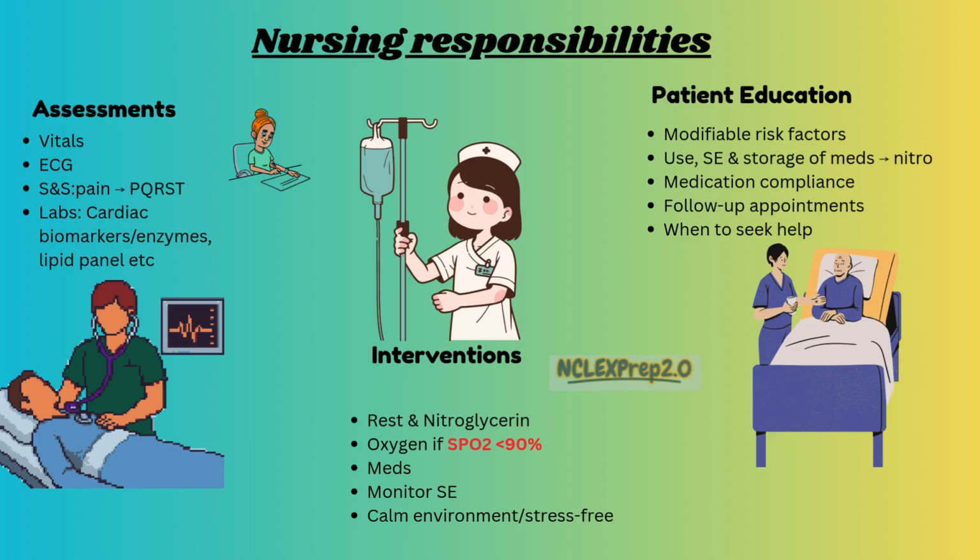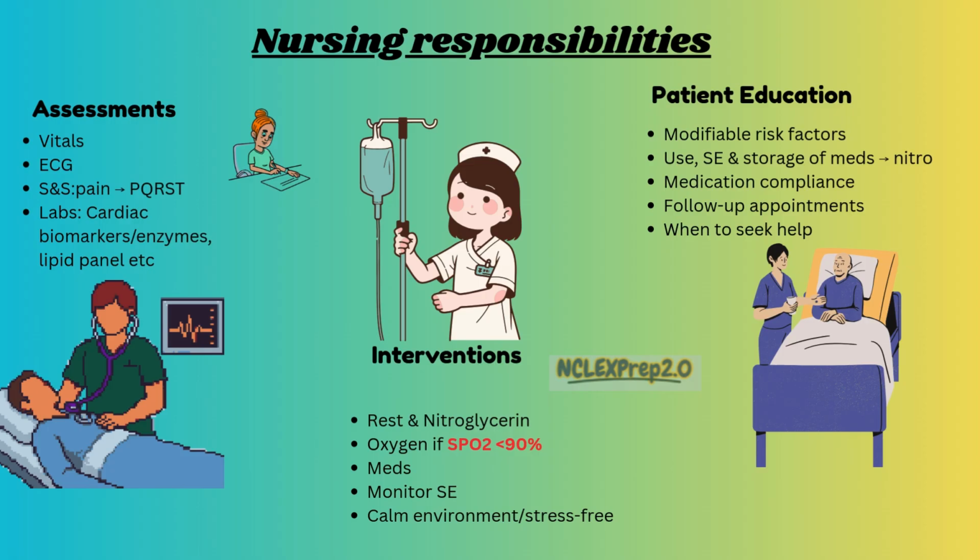Interventions, we're talking about prioritizing acute chest pain management with rest and nitro. Remember the acute coronary syndrome acute phase meds: we give oxygen only if the oxygen saturation is less than 90% or if the patient is in respiratory distress. We give aspirin, we give nitro if they have not gotten one already, and we give morphine if nitro did not provide relief.